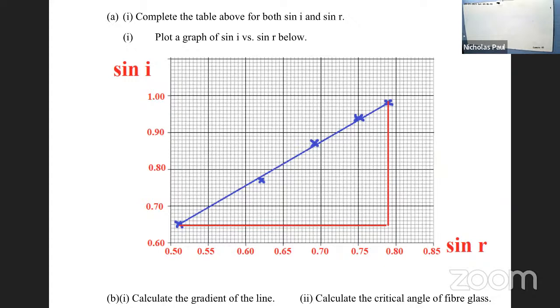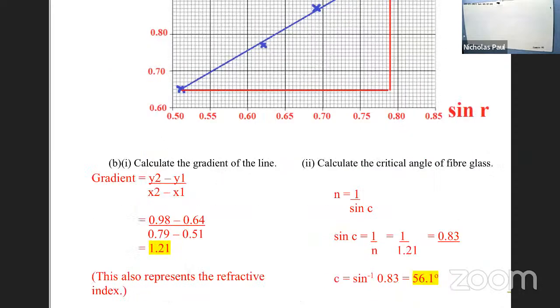Refractive index. You may do this lab online or in school. They will give you a glass block and you have to find i and r values, take the sine of them and then find the gradient.